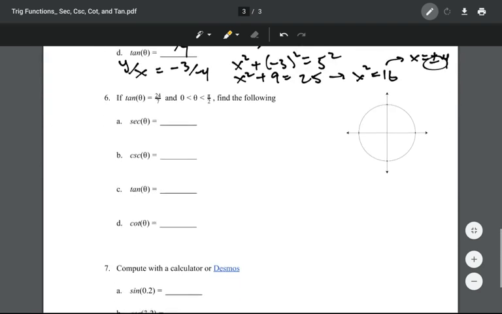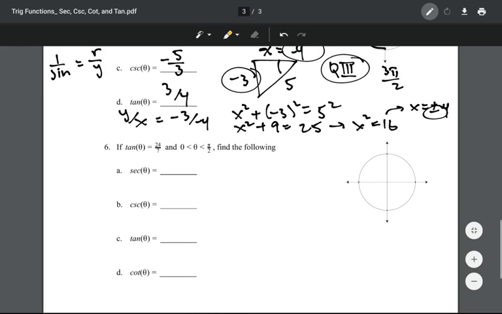And then number 6. Number 6, tangent is 24/7. So I want to do the same kind of thing, and I want to build this triangle. Now I'm between 0 and pi halves, so theta is somewhere in quadrant 1, where everything is positive, x's and y's.